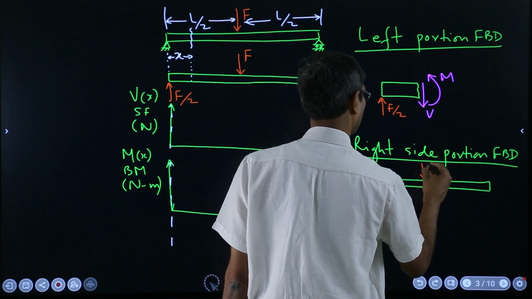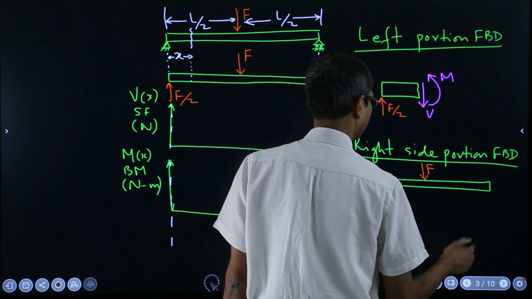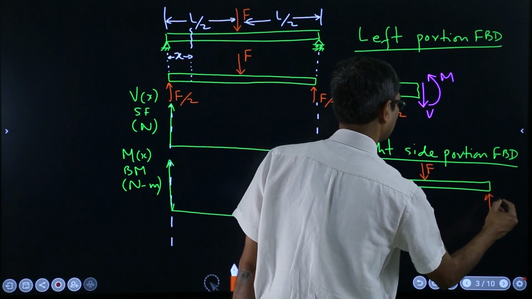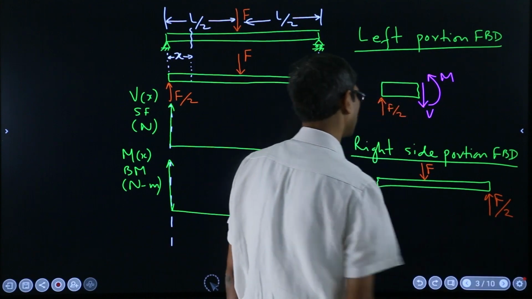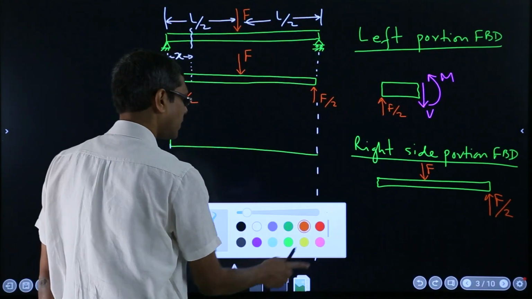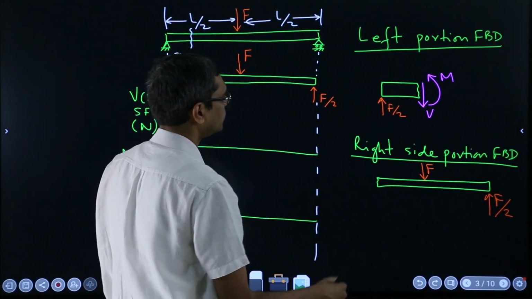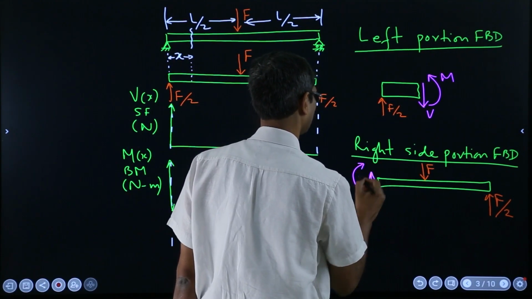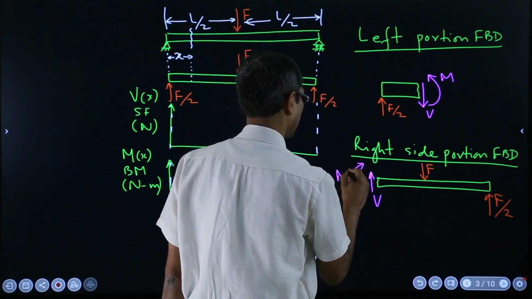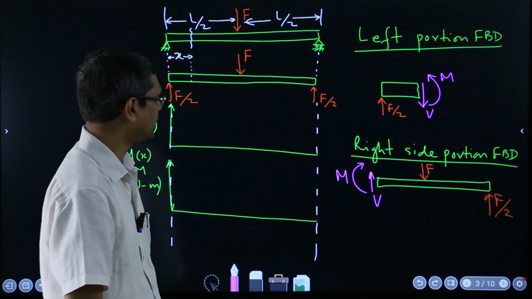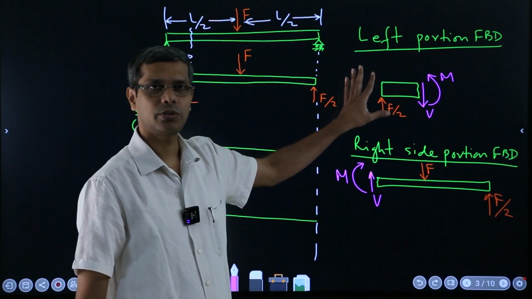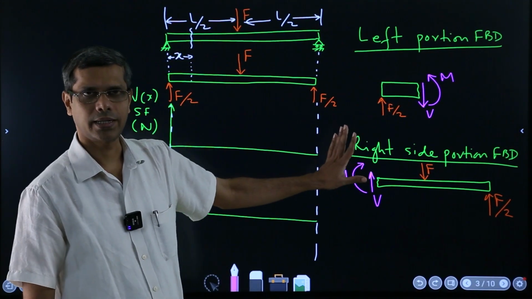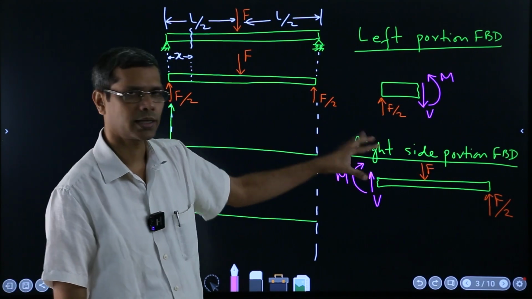This is the full F at a distance of L over 2, and here this is F over 2 at this end. And if I draw the shear force and bending moment, they are like this, V and M. So these are the FBDs which I should use to calculate the V's, and any one is equally valid. No one is more correct than the other.